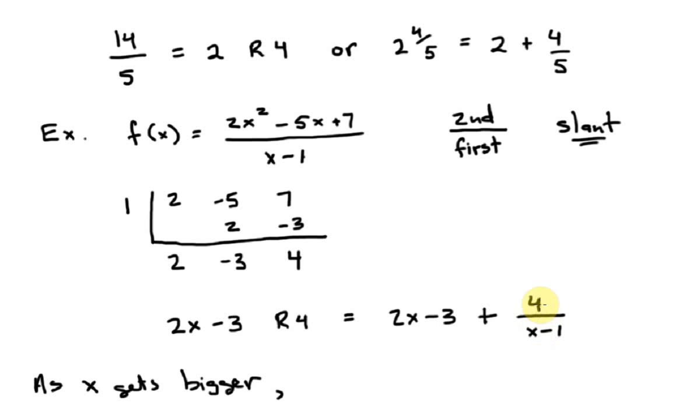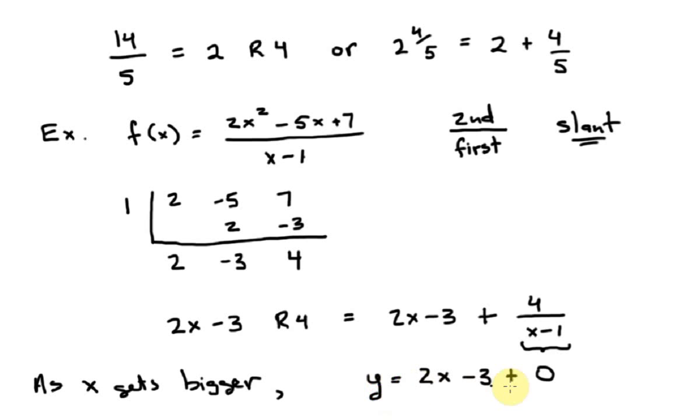This is going to be like 4 over a million minus 1, and then 4 over a billion minus 1, and so on and so forth. So in other words, this is going to become so small that it's too tiny to even worry about, and really this is what happens to the function as x becomes really big.